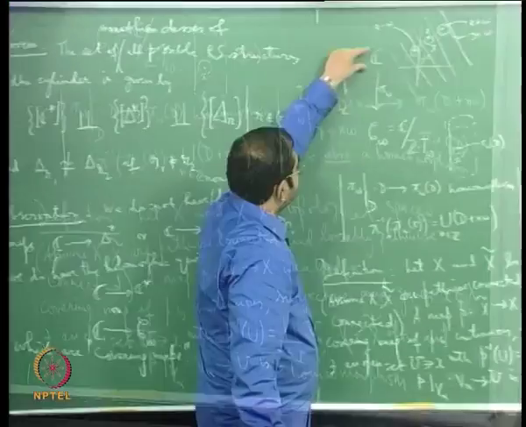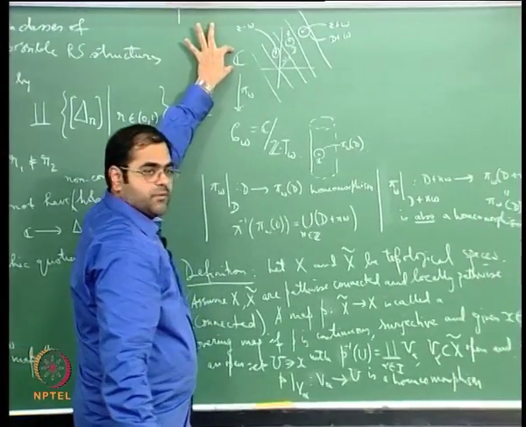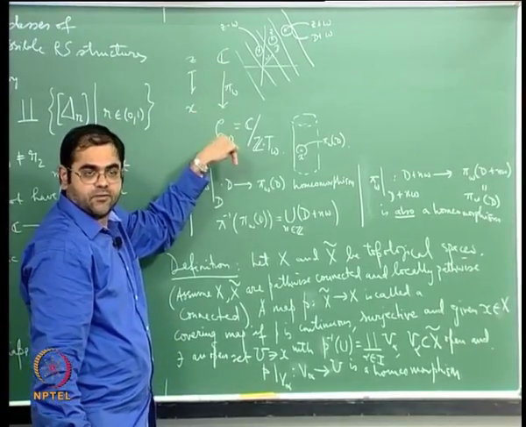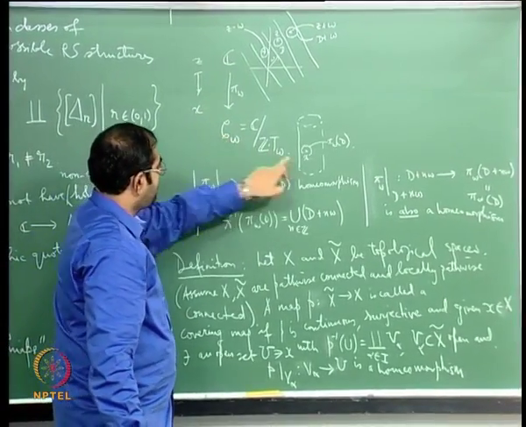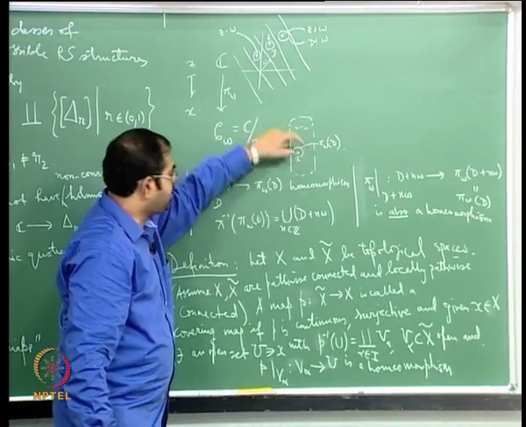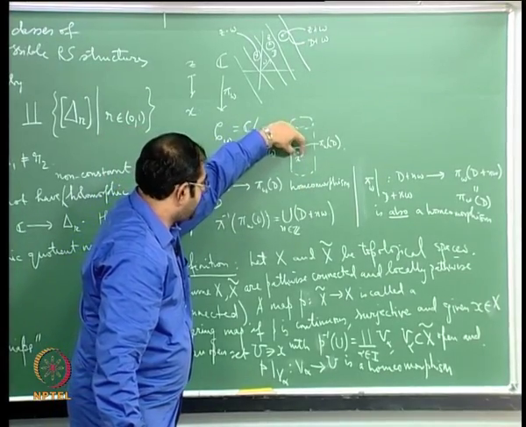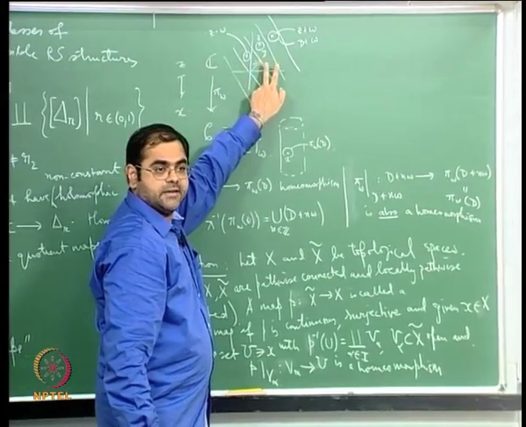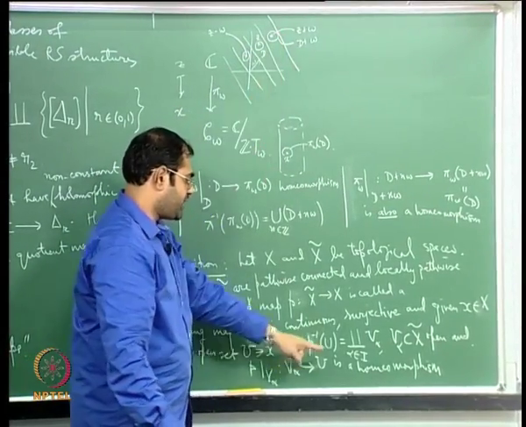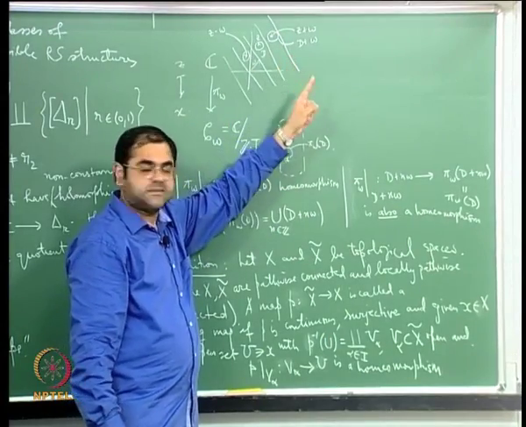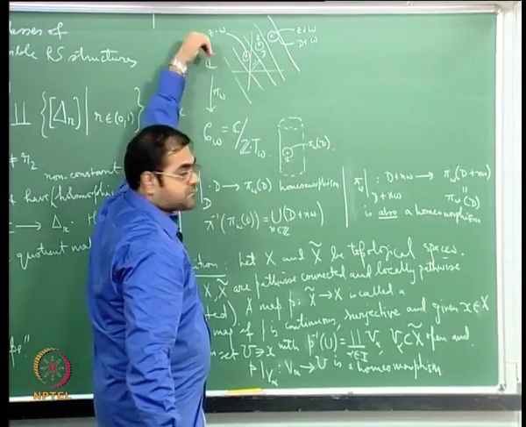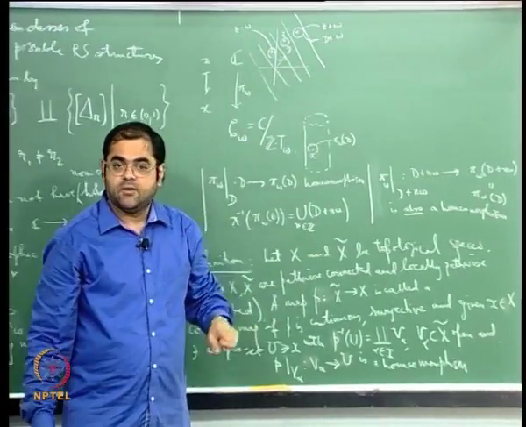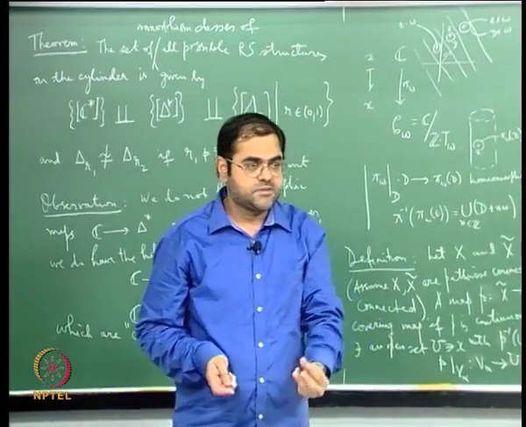So the standard situation is that we have X tilde above, we have X below, we have a map which is surjective continuous. Given a point below, I should be able to find a neighbourhood U such that the inverse image is a disjoint union of open sets above, such that when you restrict this map to each of those open sets, what you get is a homeomorphism with the open set below.